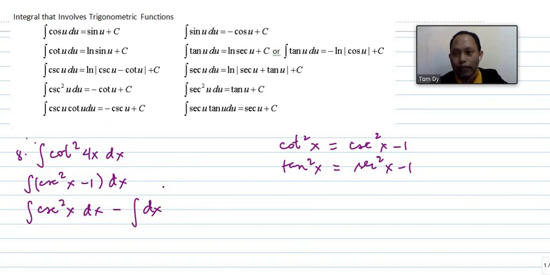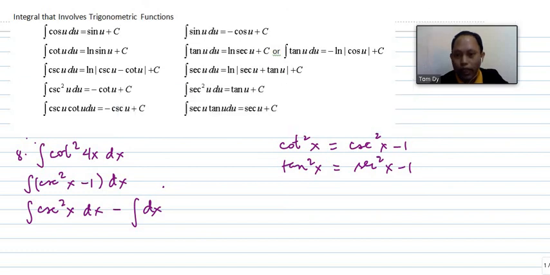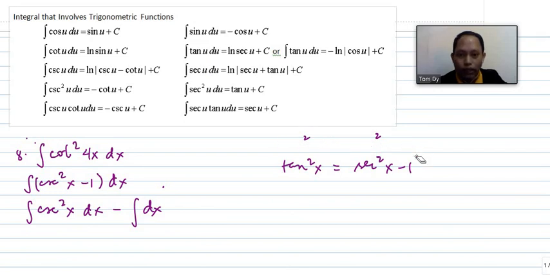By this time, we have the integral of cosecant squared. We have the formula, the integral of secant squared u, which is equivalent to tangent u plus c. I will erase this one.